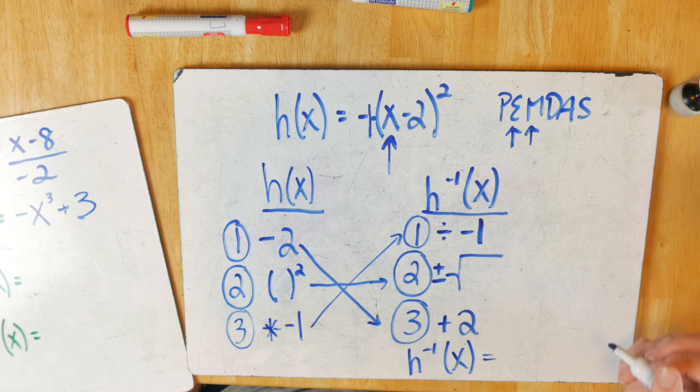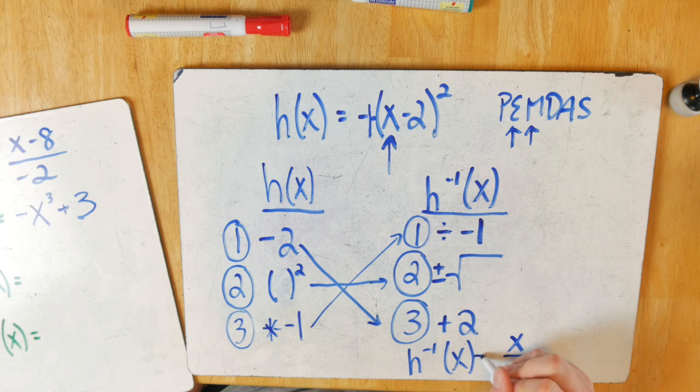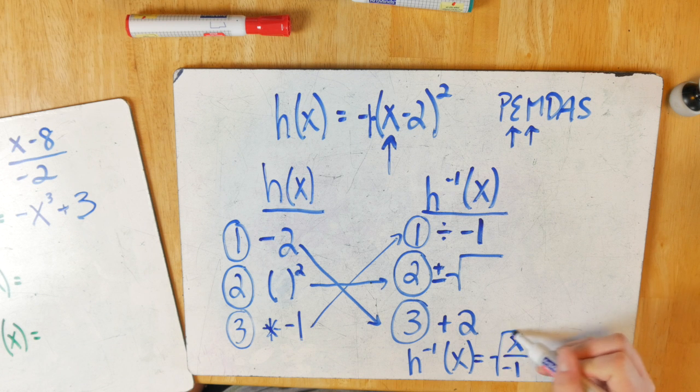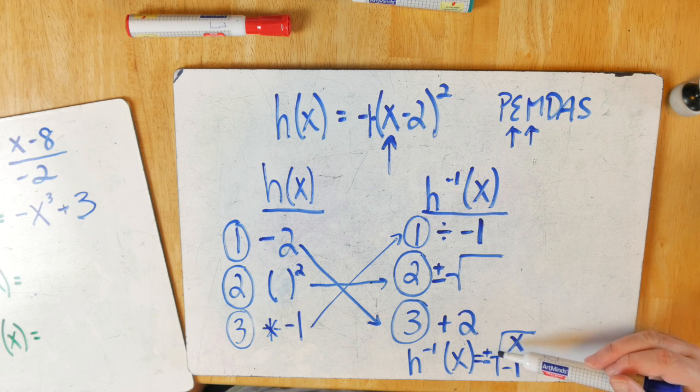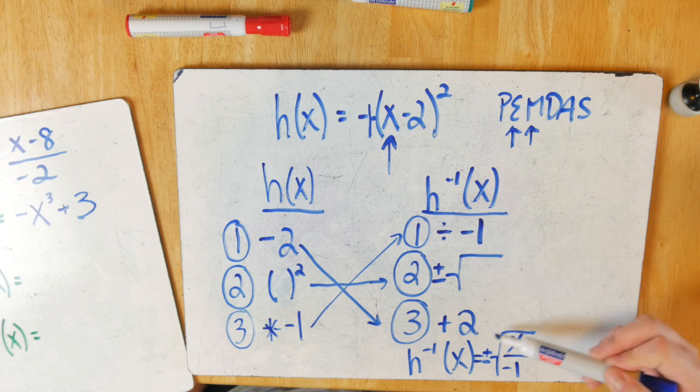So that's going to give us an inverse where we have some input, which we typically call x, and we are going to divide that by -1. And then we're going to square root that with a positive and negative value. And we have to be really careful here that we square root everything we have so far.